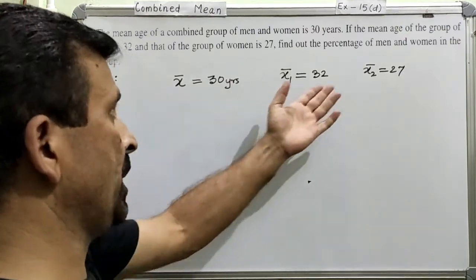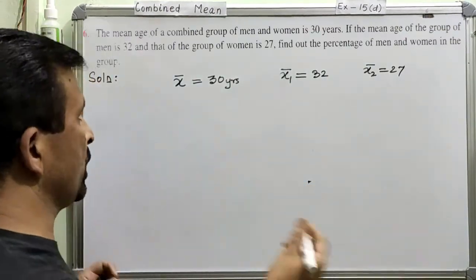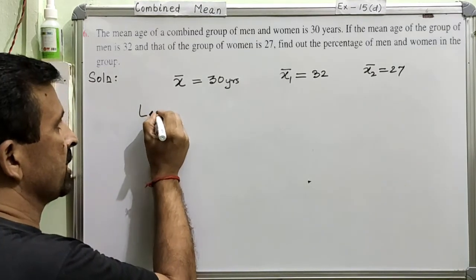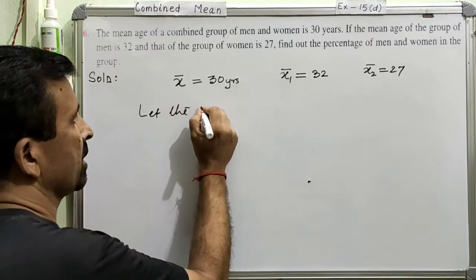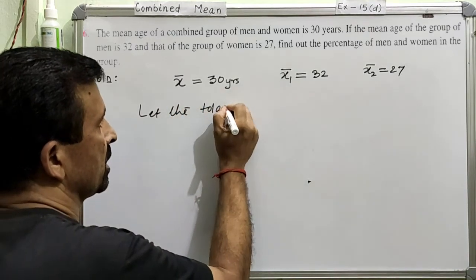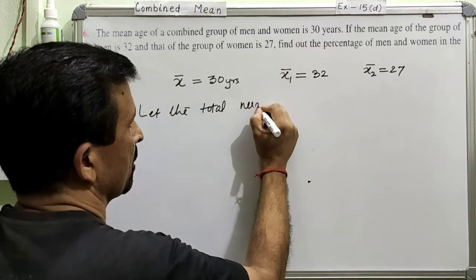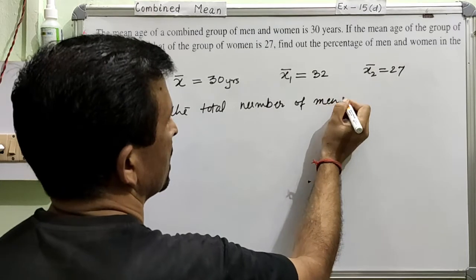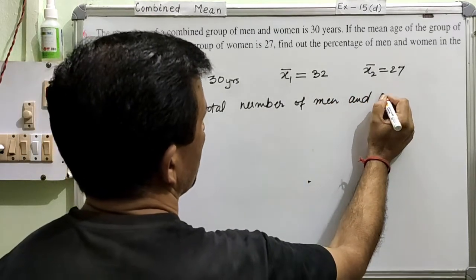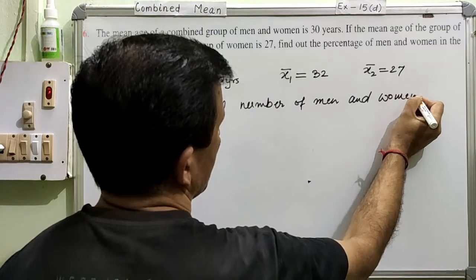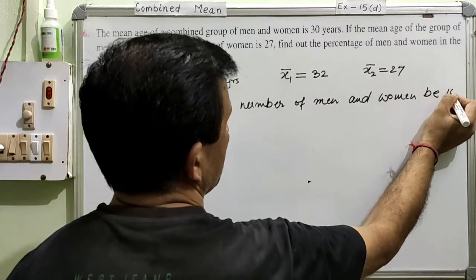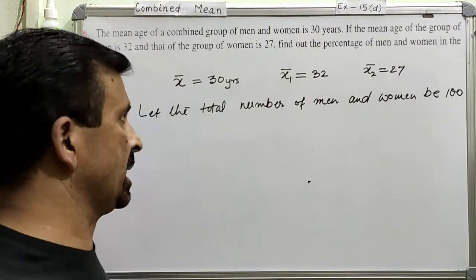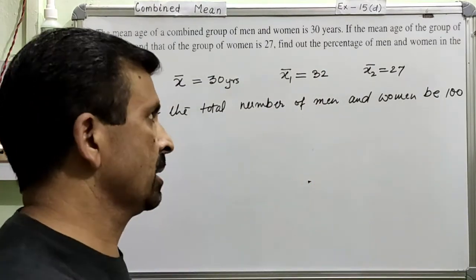Since we don't have the number of men or women or even the total number, we can solve this question with an assumption. We can say let the total number of men and women be 100. Clear?